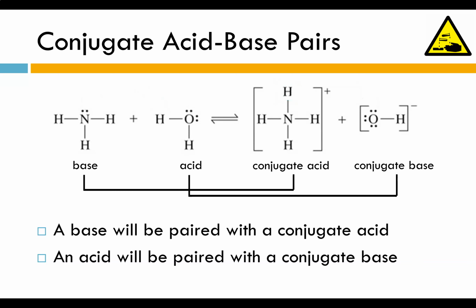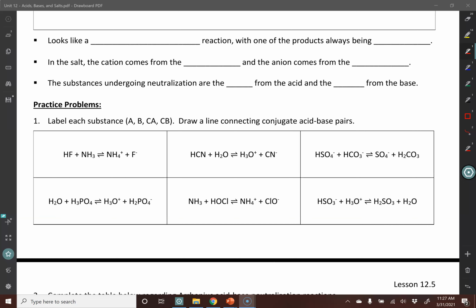Let's do some practice problems just trying to reinforce this concept. We've got question 1 asking us to label each substance as either the acid, the base, conjugate acid, or conjugate base, and then draw a line connecting our conjugate acid-base pairs. So we'll look at that top row of problems. We've got HF and NH3 as reactants, then I create NH4+ and F- as products.